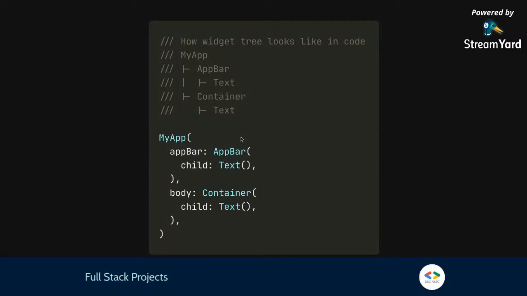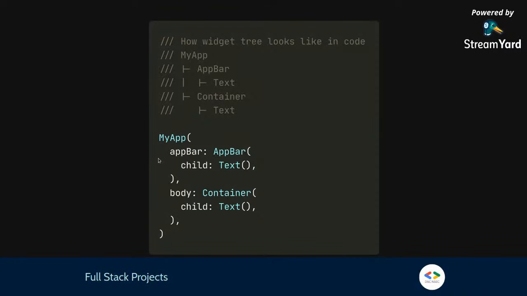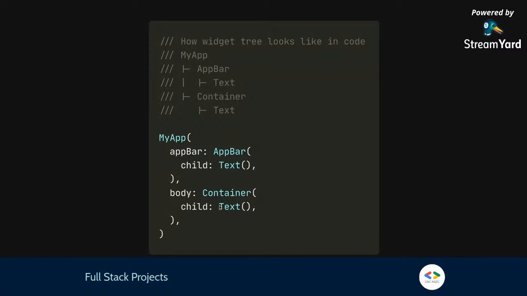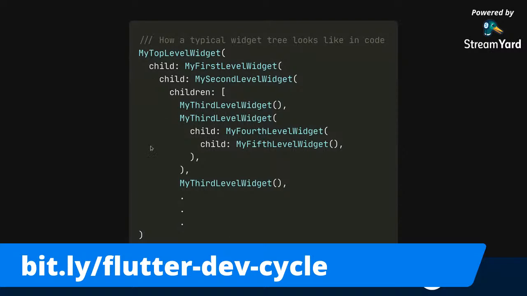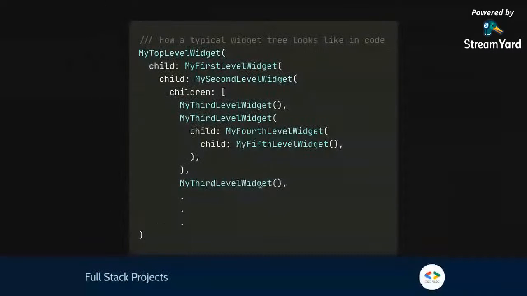So this is how it will look when translated in code. This enclosing and nesting is typically what a Flutter layout file looks like. So you have the my app enclosing an app bar and a container, each of which has a child called text. This is a general example of the layout, the structure of the Flutter app, as you can see.